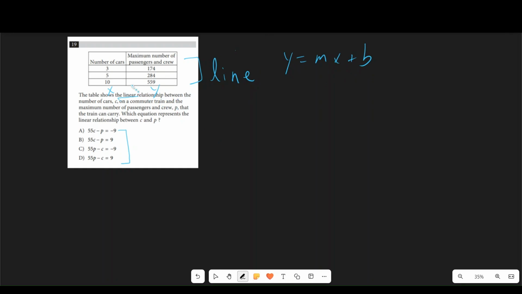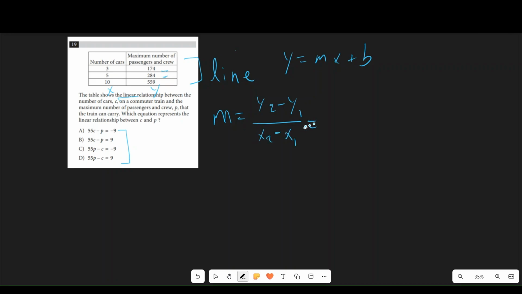So the first thing we ought to do is figure out the slope, and that's pretty easy because we already have a bunch of points that we can work with. I'm going to find the slope using this point and this point. Remember that slope is equal to y2 minus y1 over x2 minus x1.